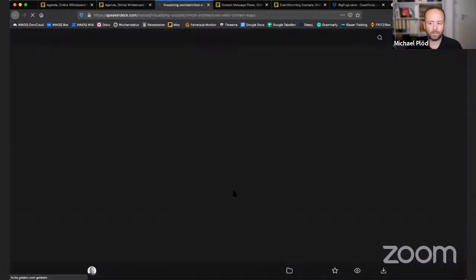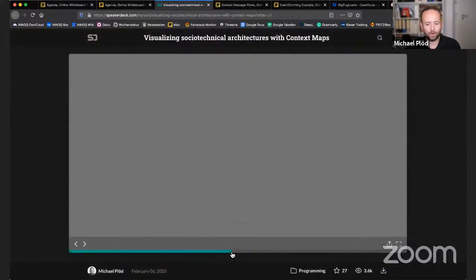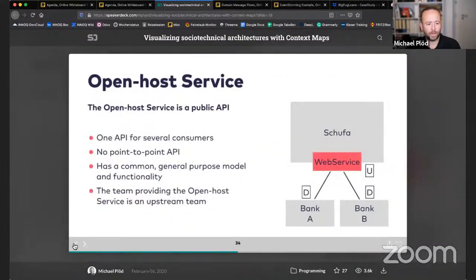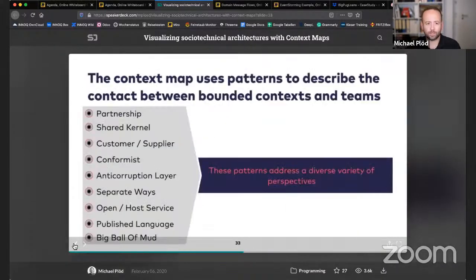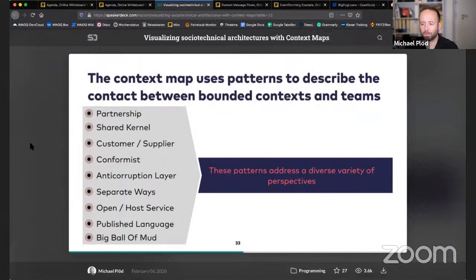I think the most interesting part will probably be somewhere in the middle, starting with slide 33 or something. I'll post that to the chat as well so that you have a direct reference. There I describe all of the patterns.